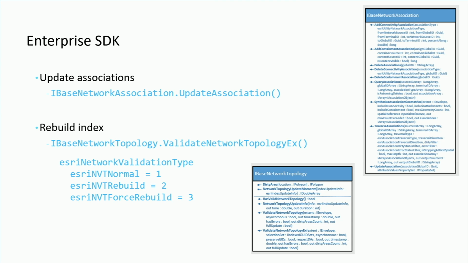You can also traverse, which is a really neat feature to go through all the associations from a certain element, or associated elements from a certain element. And we also expose iBase network topology, which is what you will use to rebuild your network index. So your utility network, once you make an edit, you can update all of the element spaces of the utility network.